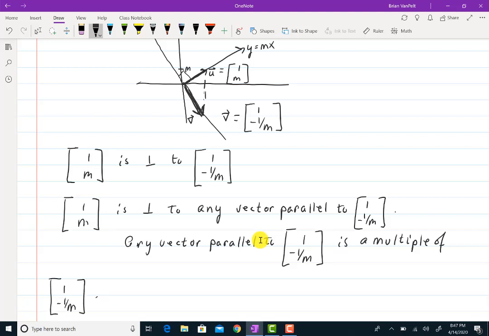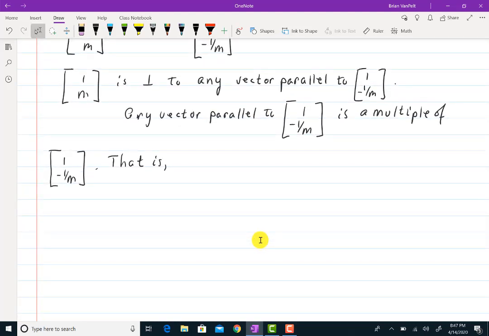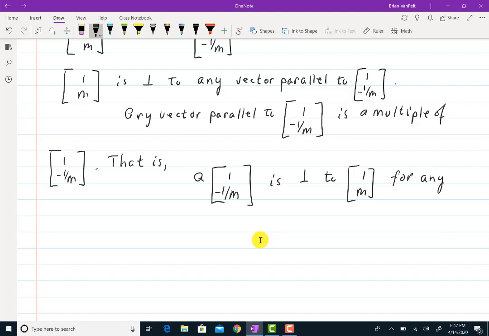So what I mean is this. Let's put it this way. That is, I don't know what letter to use. We'll use a. a times (1, -1/m) is perpendicular to (1, m) for any a in R where a does not equal 0.